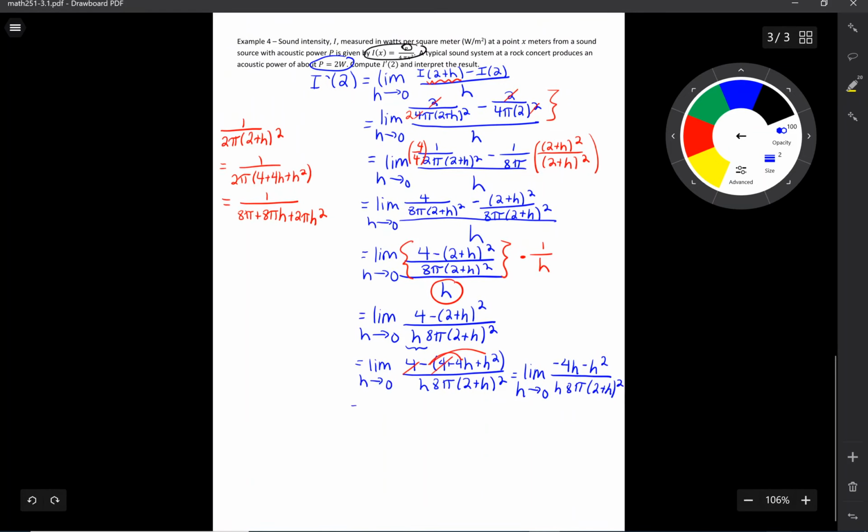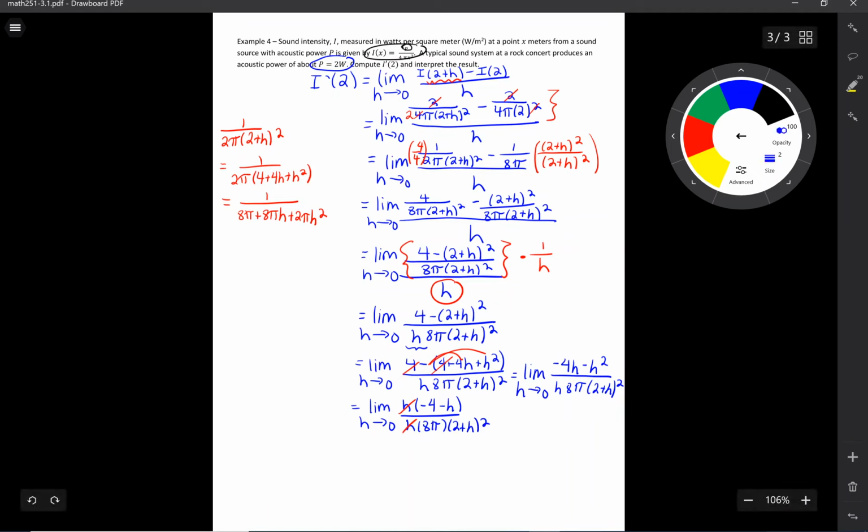Whew. When I do that, I have the limit as h goes to 0. Factoring out an h from the top gives me h times (negative 4 minus h) over h times 8 pi times (2 plus h) squared. So these h's cancel. Now I can plug in h equals 0 since it is no longer 0 in my denominator.